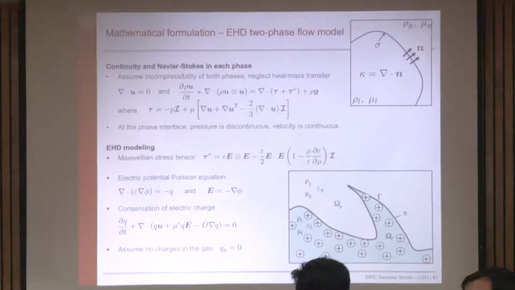That means that essentially the charges are mostly going to be controlled by that term, which is just the convective transport at the fluid velocity. So we find that, in fact, if you don't solve that equation, if you just place your charges somewhere in your flow and have them move with your fluid, you model this process in a way that's fairly similar to if you solve a full conservation of electric charge equation.